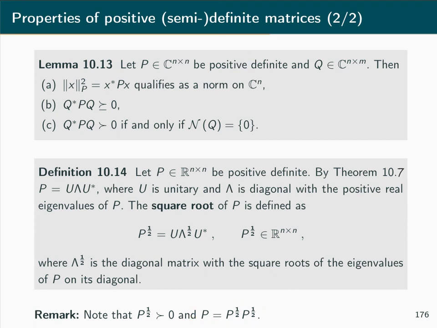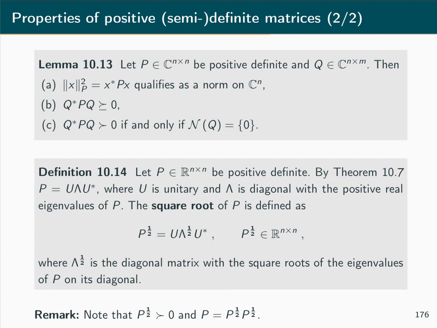For a matrix P, we are looking for another matrix denoted P to the 1/2, such that if we multiply this matrix with itself, we get the matrix P. So if P is positive definite or positive semi-definite, by Theorem 10.7, we can write P as U times lambda times U star, where U is unitary and lambda is diagonal with only positive or non-negative real eigenvalues of P on its diagonal.